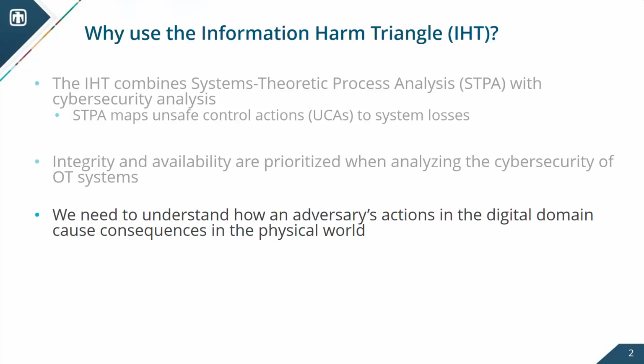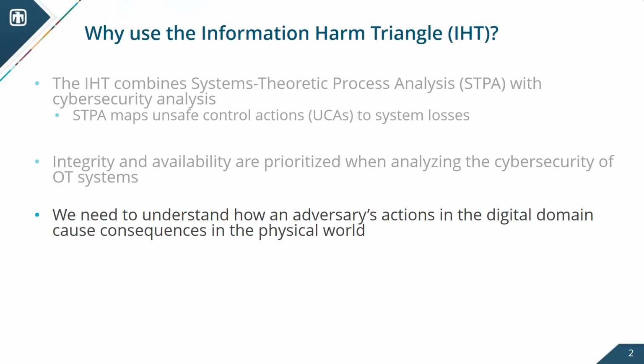And so the information harm triangle tries to bring in both these concepts so that you do protect your integrity, you do want your digital information to be accurate and complete, you do protect the availability, but you turn the challenge of this really ambiguous way of adversaries attacking our OT systems and you turn it into an engineering challenge. And so how do we take this approach and use it to understand how adversaries can interact with the systems to bring about those physical losses, right?